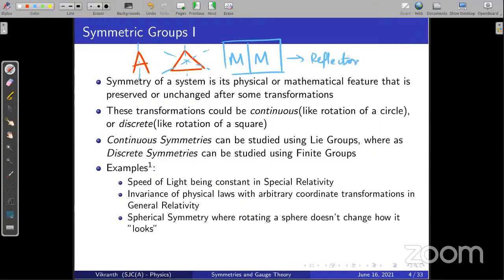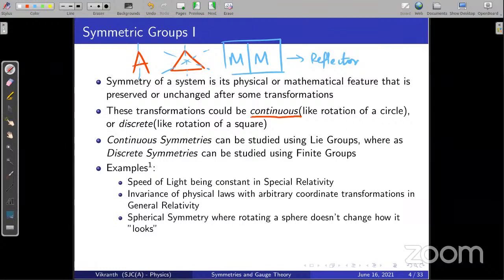You have a mirror and you're looking at the reflected image, so that's a reflection. And based on these, you can classify. So again, now we'll get into a little bit of mathematical notation. Based on these, you can differentiate the kind of symmetries you have in terms of groups or in terms of transformations. The first one is called a continuous transformation or a continuous symmetry.